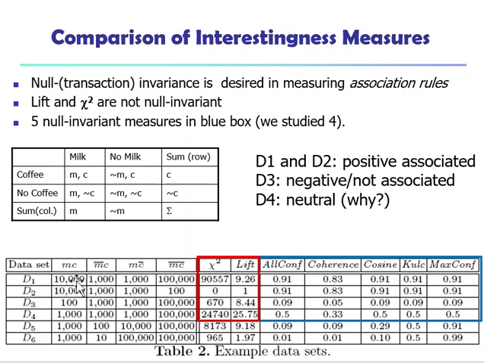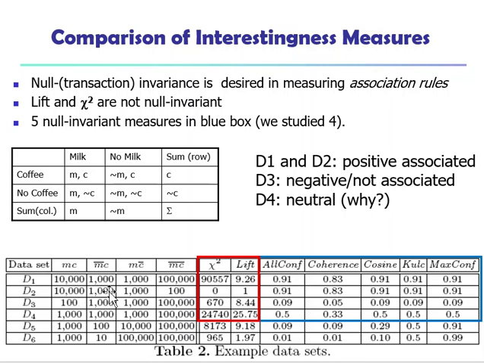People tend to buy them together. So therefore, we can say D1 shows a strong positive association between milk and coffee buying. Okay, D2, similarly, those first three numbers are exactly the same, right? So people buying milk also buy coffee.